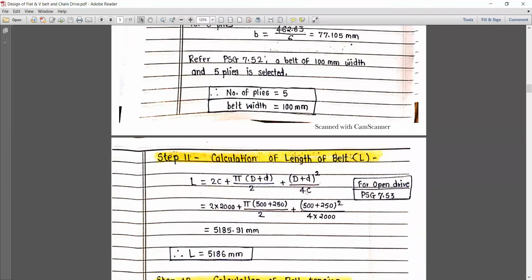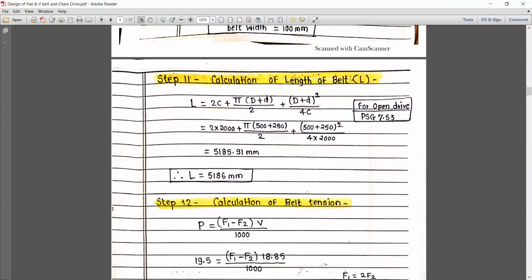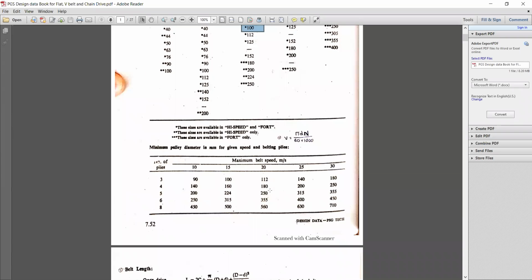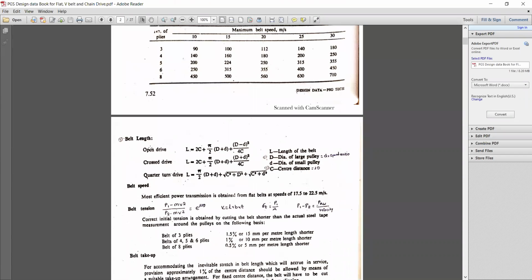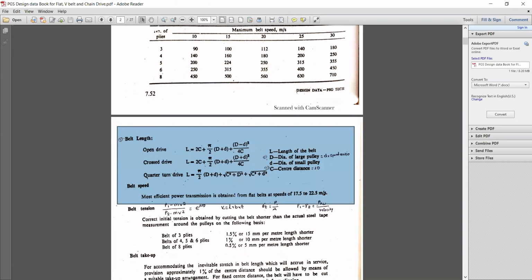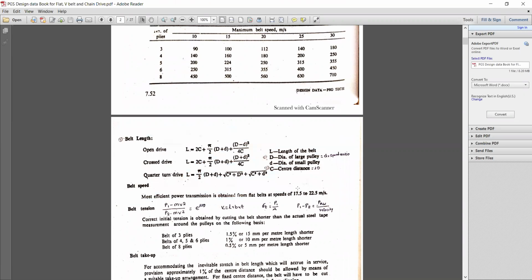So we have selected. Next one, calculating the length of belt. Referring to the data book page number 7.53, you get the equation. Here the belt length is given. Equations are given for open drive, cross drive and quarter turn drive.